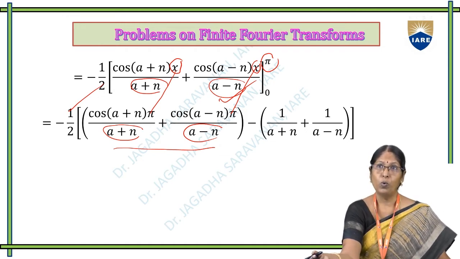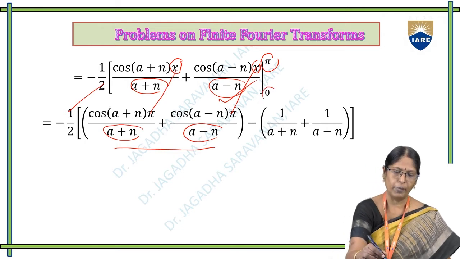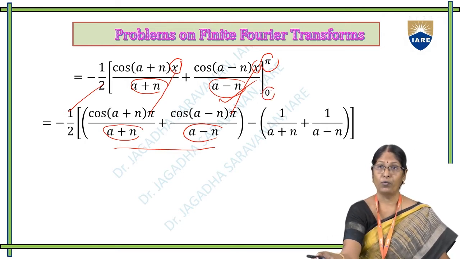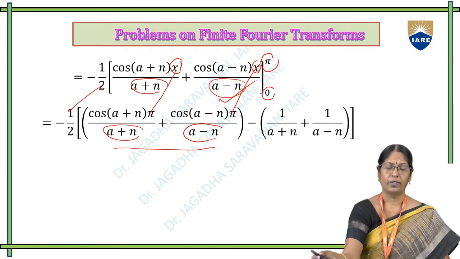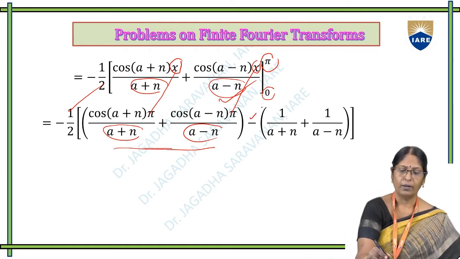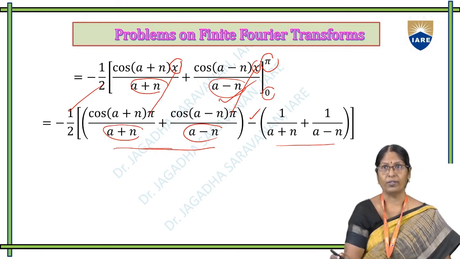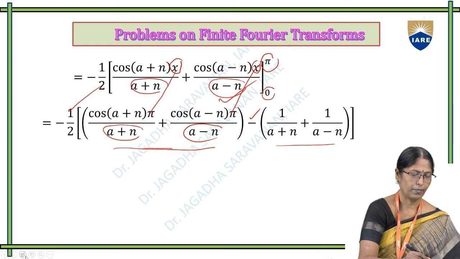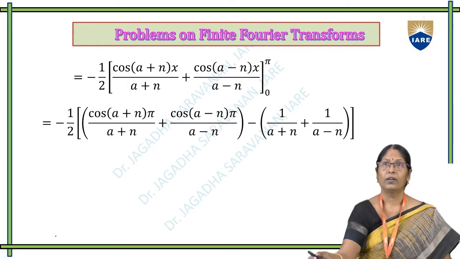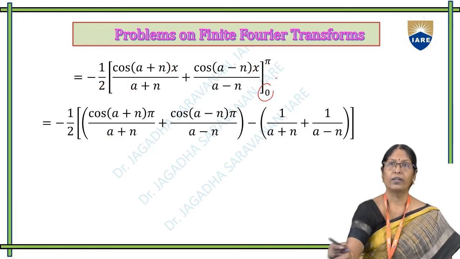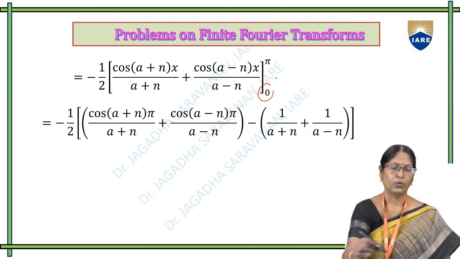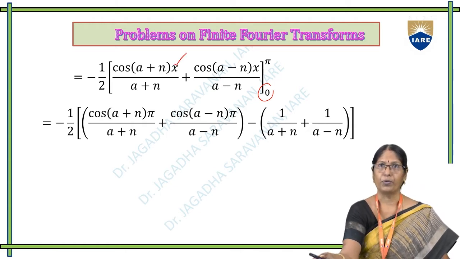Now we move to the lower limit substitution. Before that, we know it is upper limit minus lower limit, so this is the minus sign from the formula. The lower limit is 0, so in the x place we substitute 0.